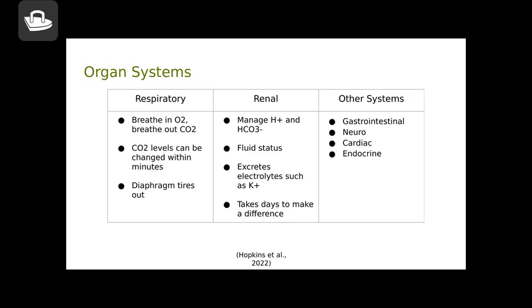But the catch with the renal system, which is good long term, awesome, it can keep functioning a lot more, is that it generally takes days to make a difference. You usually don't see a big change in renal labs, any metabolic difference or compensation, for at least like 1, 2, potentially even 3 days. So hopefully the acid-base imbalance isn't bad enough that you're tiring out your respiratory muscles too quickly.